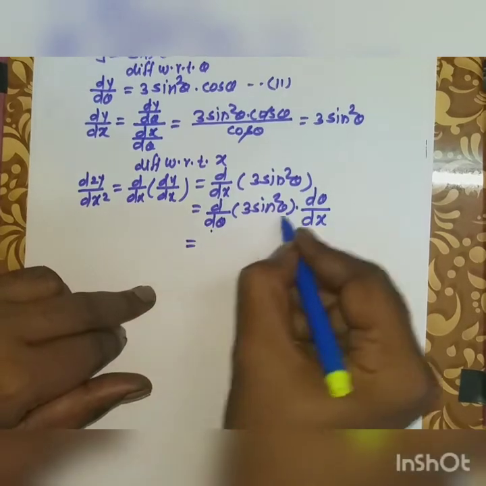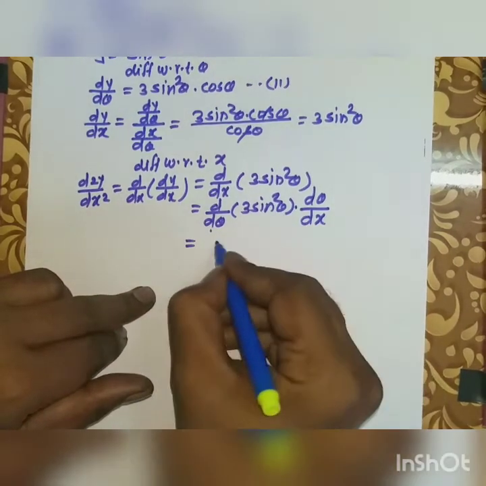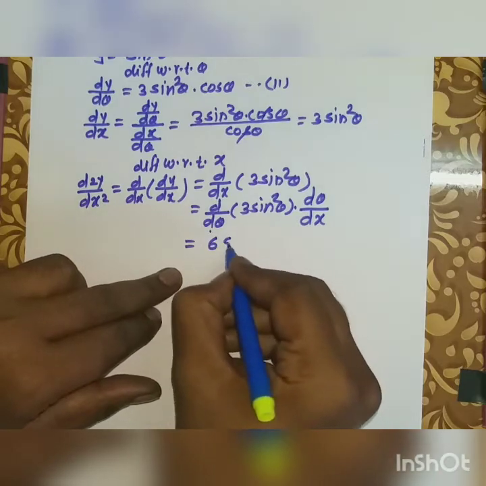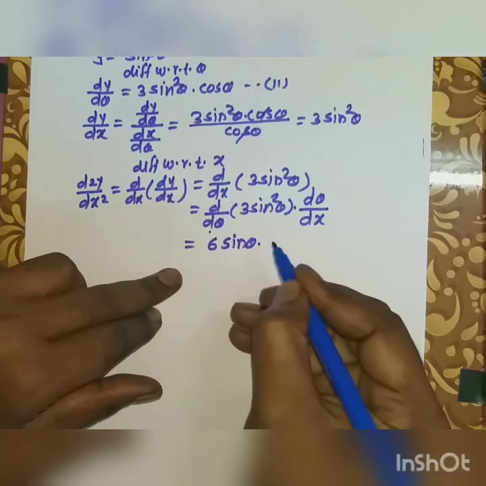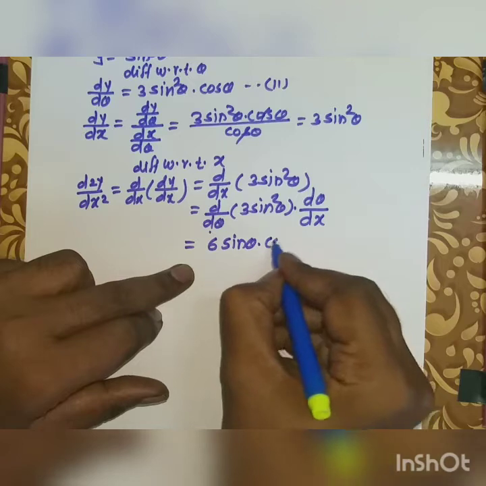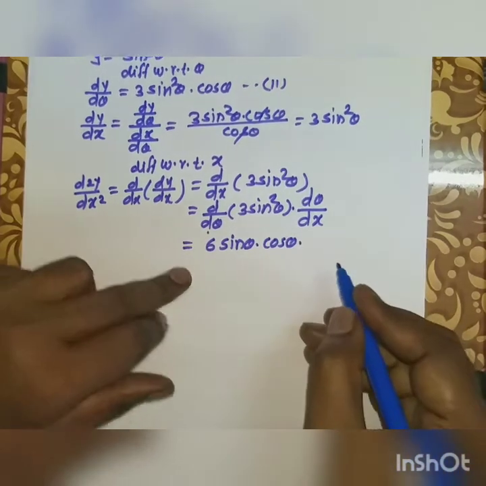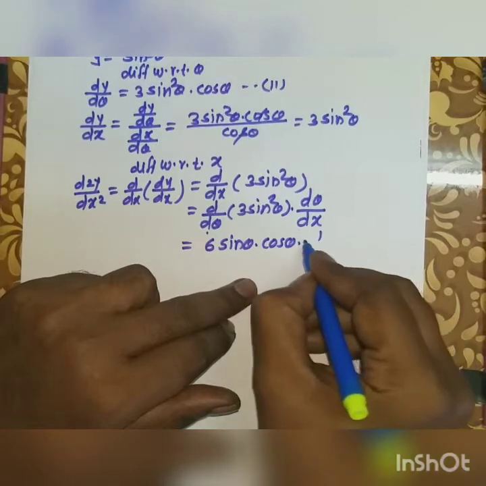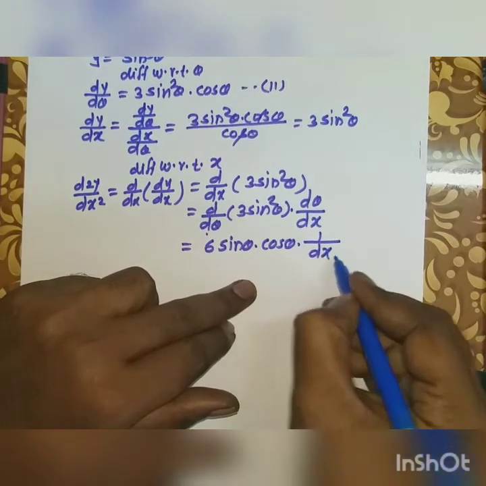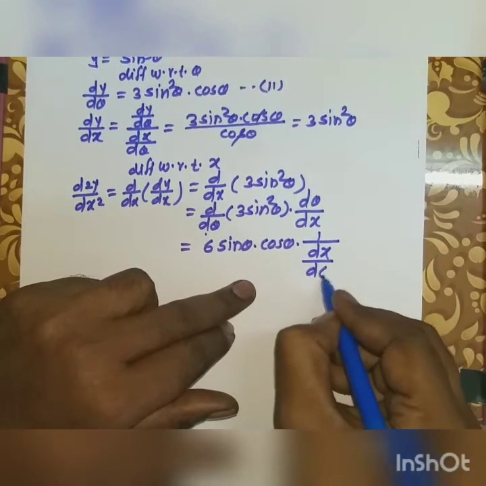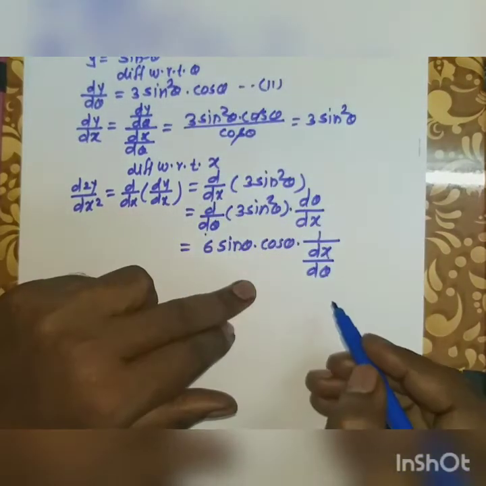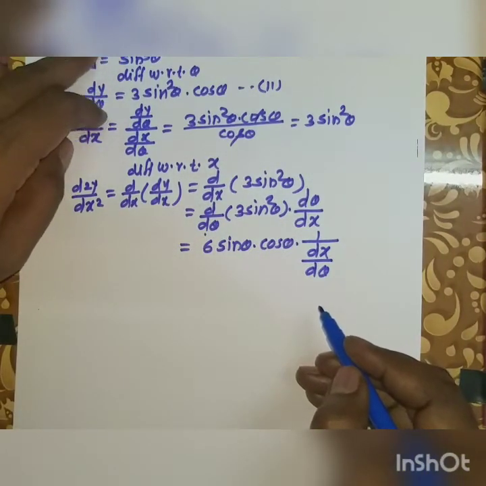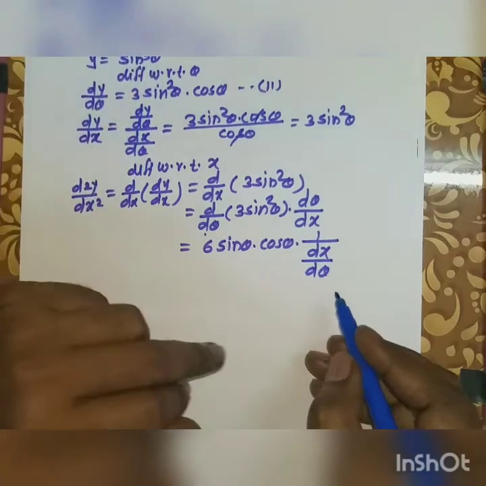It is equal to the derivative of this function, 3 into 2 is 6 sin theta. Again the derivative of sin theta is cos theta, and this d theta divided by dx can be written as 1 divided by dx by d theta. From equation 1, dx by d theta is cos theta, which is not equal to 0.